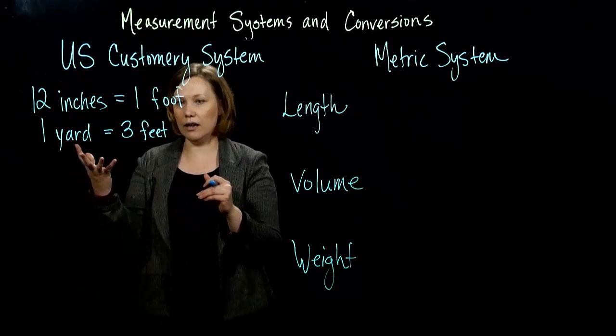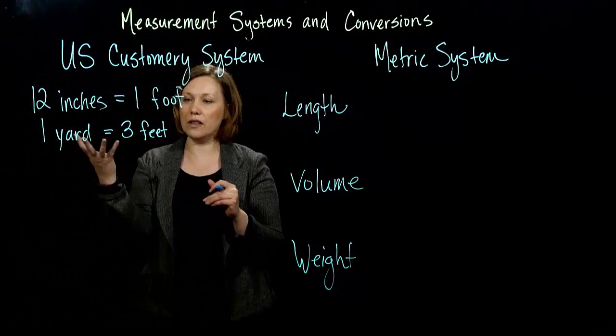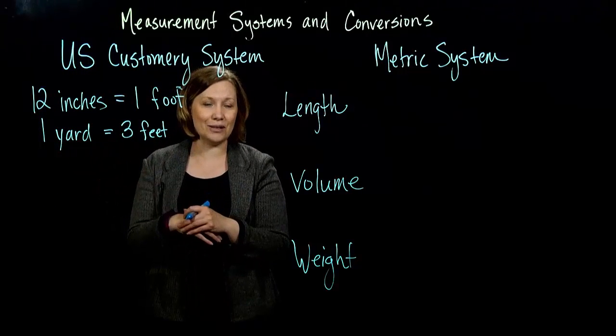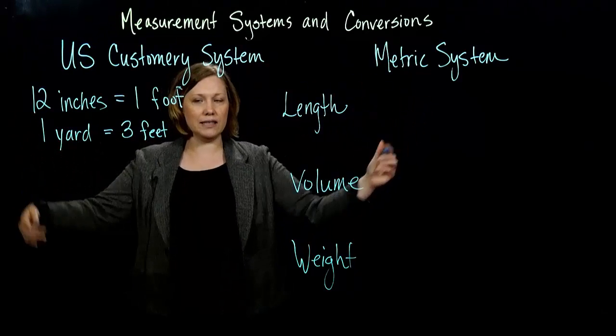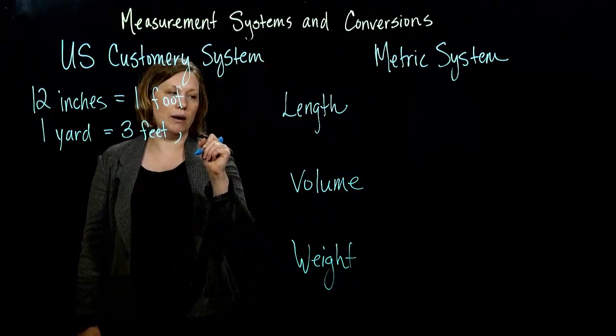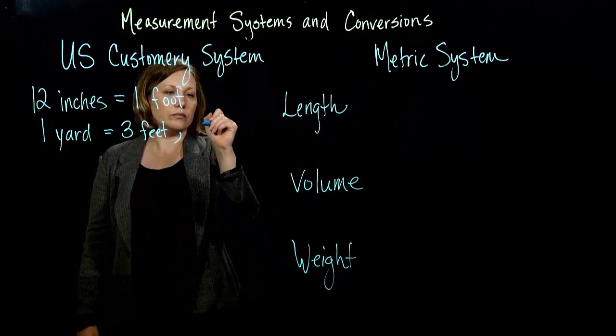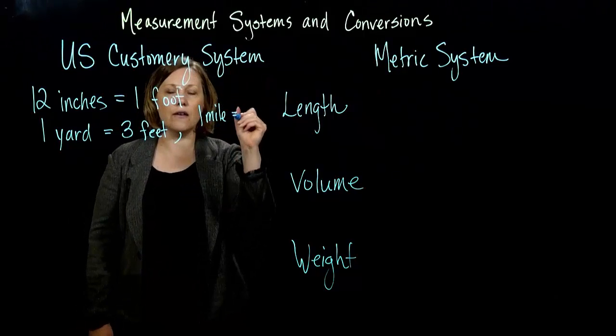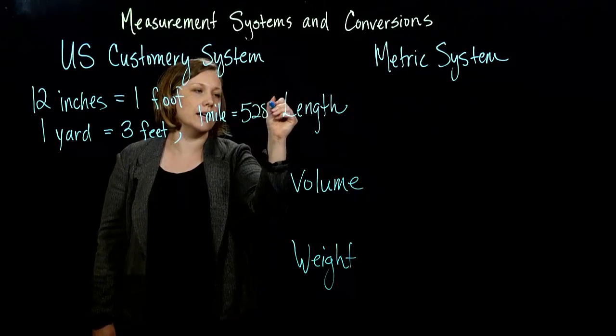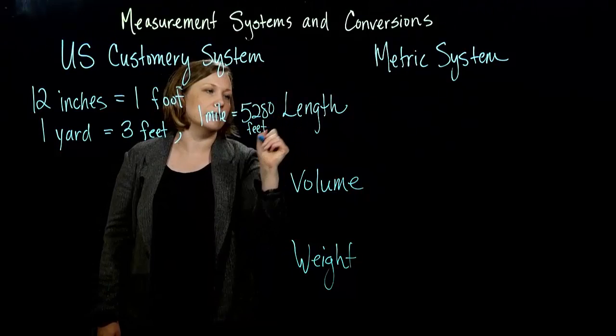Another different way to measure length that we use is miles, right? So if we're going a really big distance, we might use miles. So 1 mile is 5,280 feet.